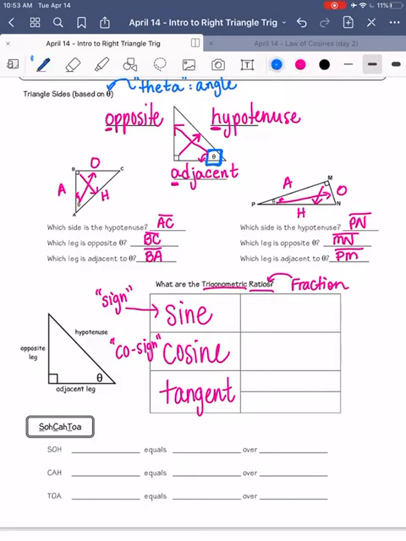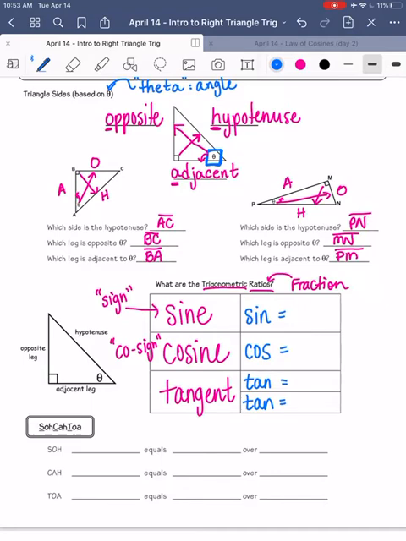Now the abbreviations are going to be sin, without the E. Please do not say sin, okay? And then cos, and then we're going to have tan. Now we're going to learn the fractions or ratios that equal these trigonometric ratios.